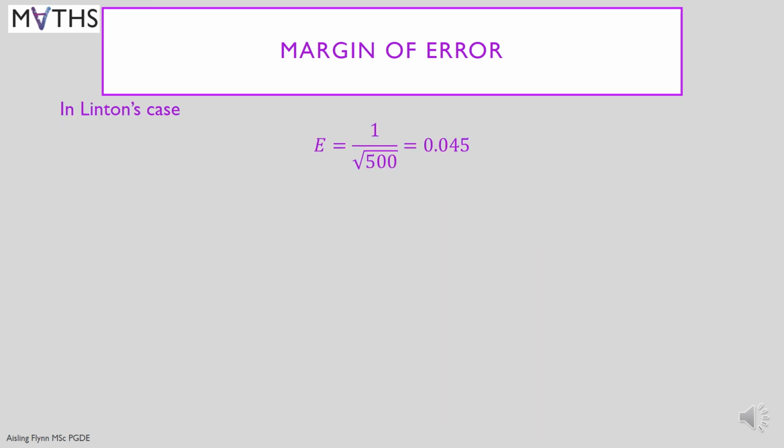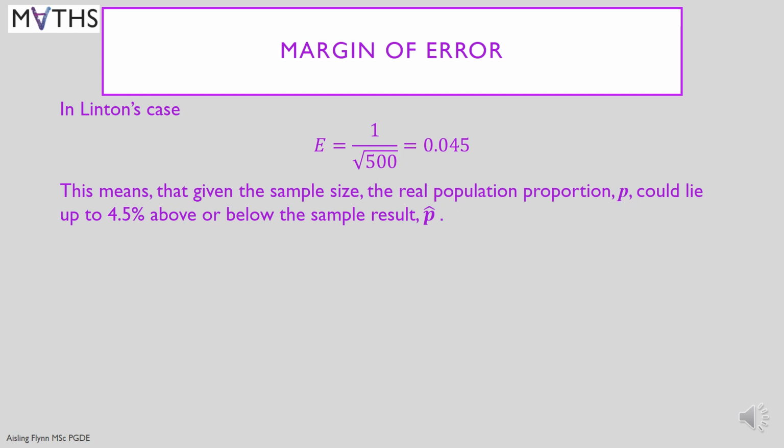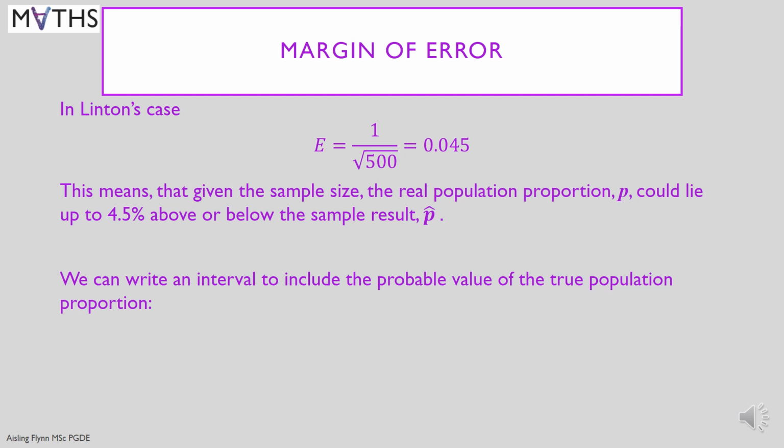So in Linton's case, we saw that the margin of error was 0.045 or 4.5%. This means that given the sample size, the real population proportion P could lie up to 4.5% above or below that sample result P hat. So let's write that down and see what it looks like. We can write an interval to include the probable value of the true population proportion.